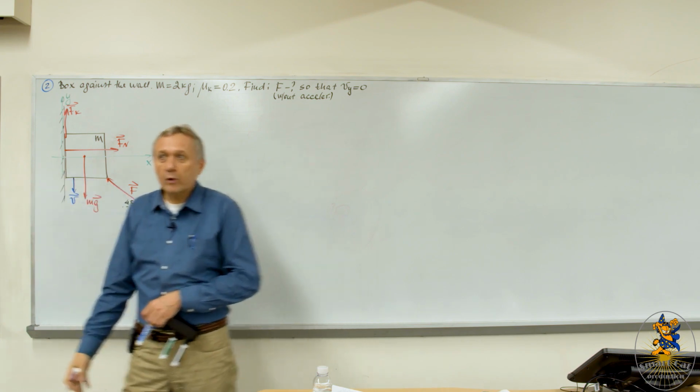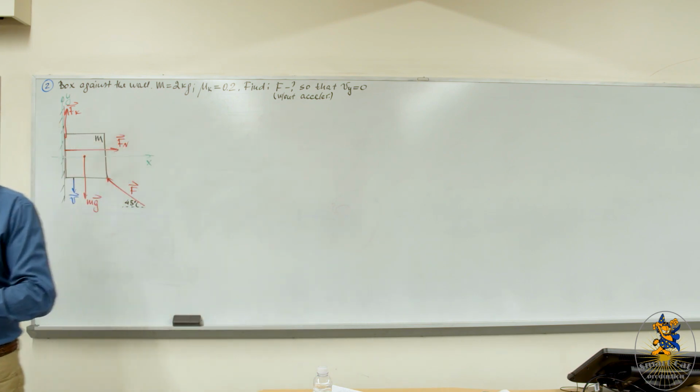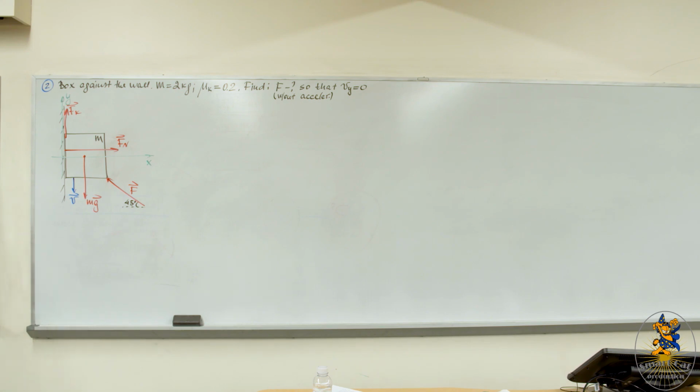If we were interested in the life of the wall, we would have to include that force, but we don't care about the life of the wall. The wall is an external object which exerts a force, which is a normal force. That's it. So here there is a wall, normal force. Earth over here, gravitational force. Here is the finger or the hand of a person. And of course, friction force because of the roughness of the surface. That's it. Nothing else.